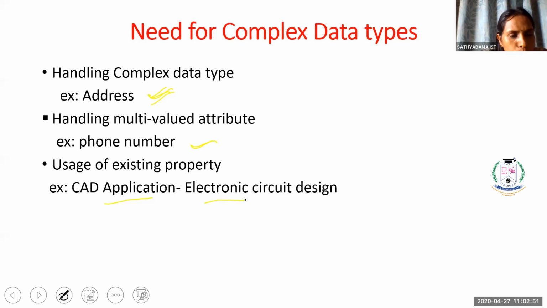So whatever properties are common for all the components, say conductor value, resistance value, as well as the power value, how much power it is consuming, all these attributes we keep as common attributes that can be shared by all the electronic components.